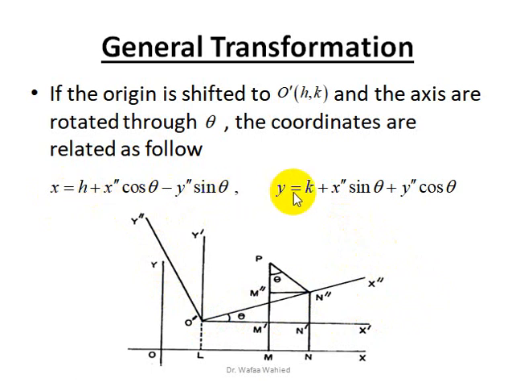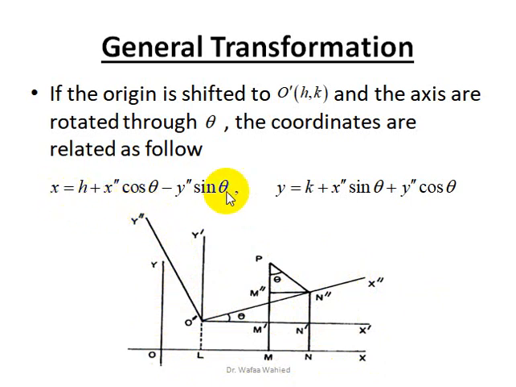So the point B has three coordinates. The first is x and y with respect to the xy plane. The second is x dash and y dash with respect to the x dash y dash plane. The third is x double dash and y double dash with respect to the x double dash y double dash plane.